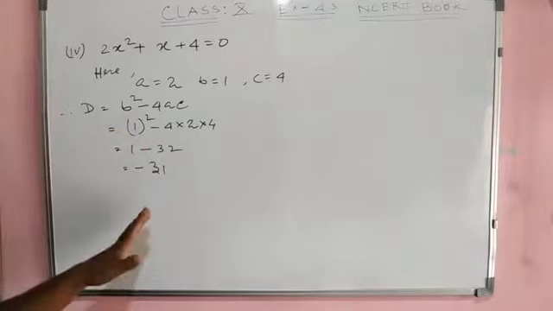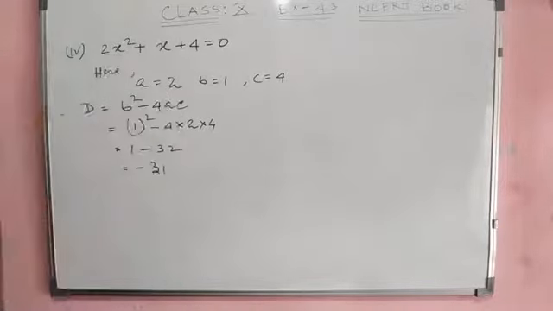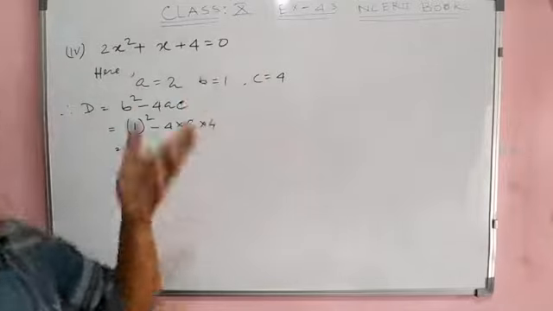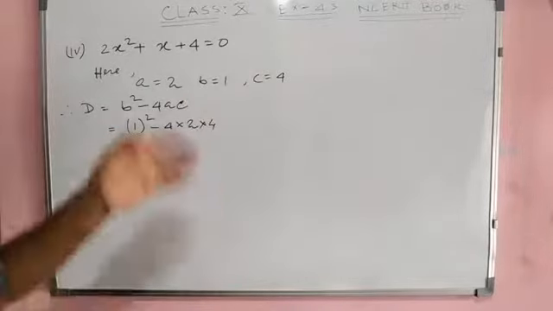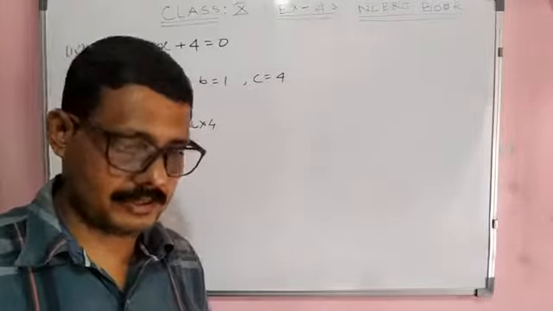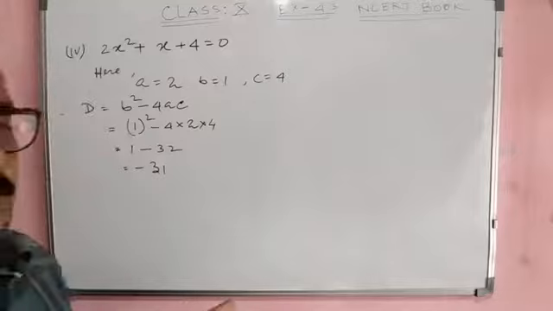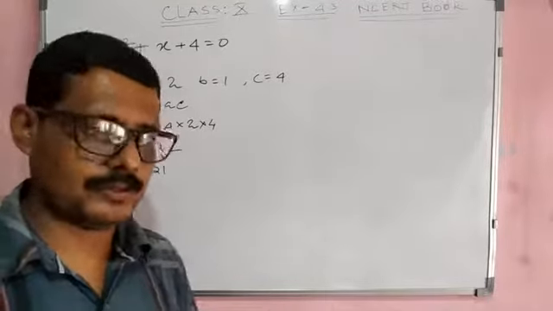That means D is less than 0. So the condition shows that the equation has no real roots. Since the equation has no real roots, there is no need to apply the completing square method in this case, and we cannot apply the quadratic formula here either.